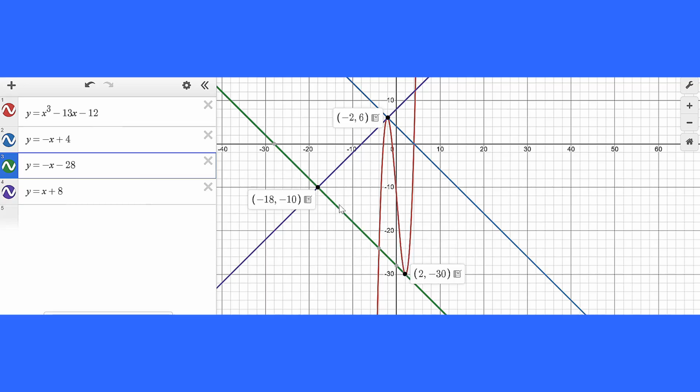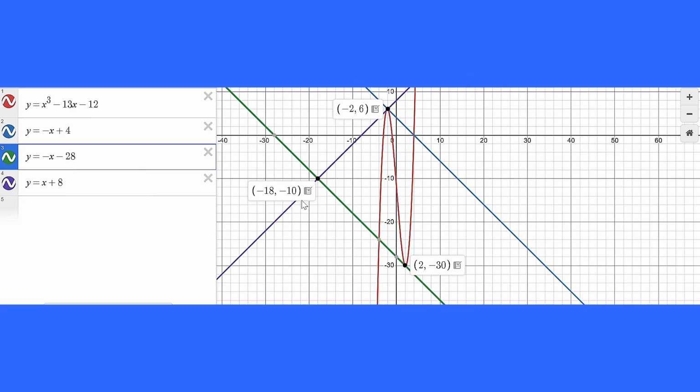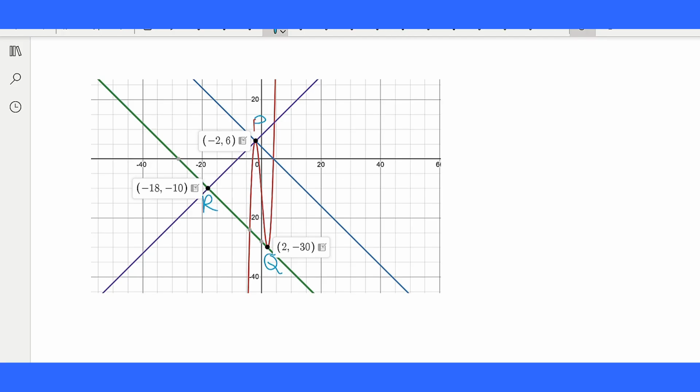This is the intersection of L2 with the normal at point P, that is negative 18, negative 10. So here we go, this is our point P here, Q here, and R here.